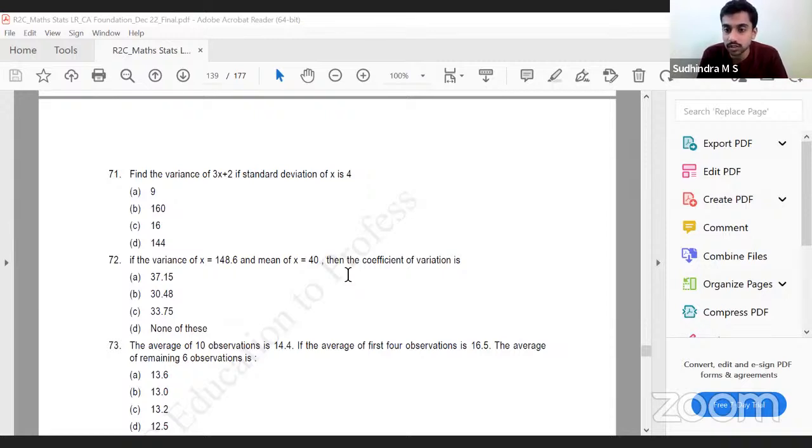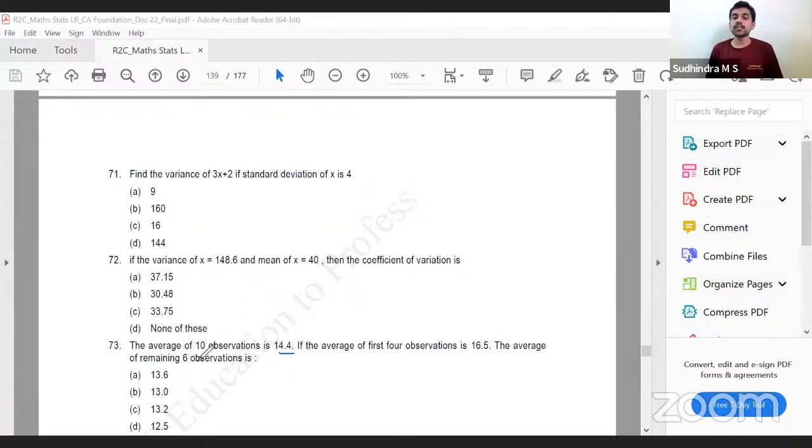Find the average of remaining 6 observations. 13, sir. Yes, correct. 13. Average of 10 observations is 14.4.